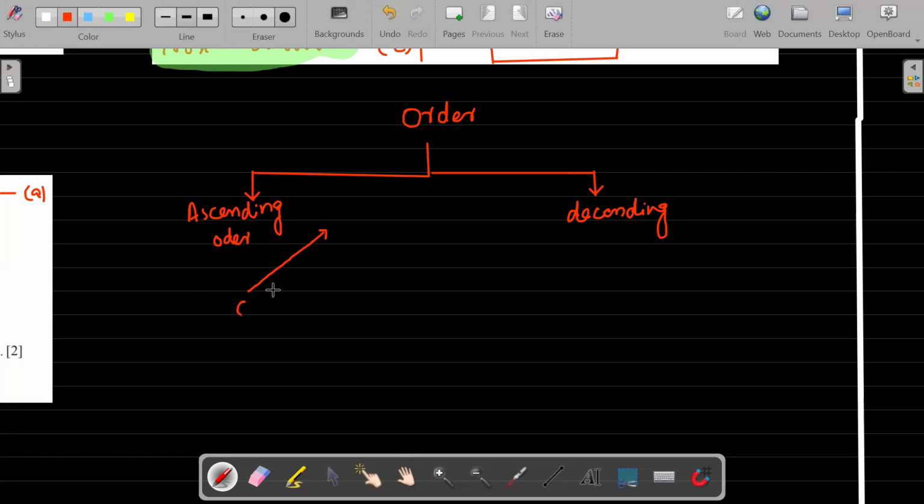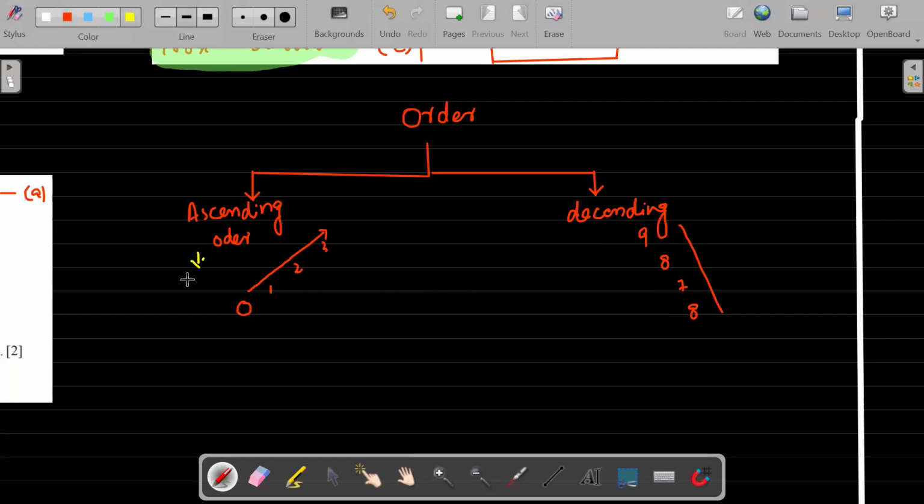You are starting from the lower level and increasing your level. That is ascending order. And descending order means downward, like you are starting from the higher level and decreasing your level till the lowest term.